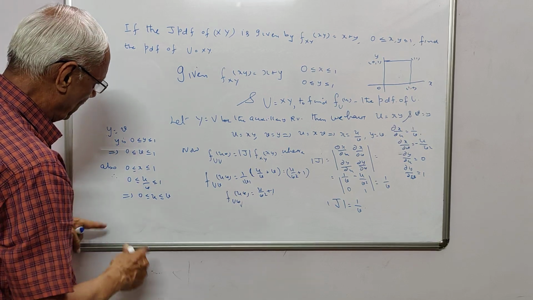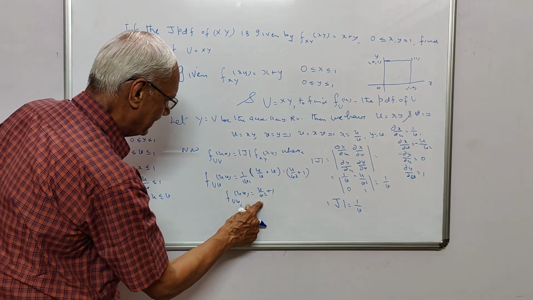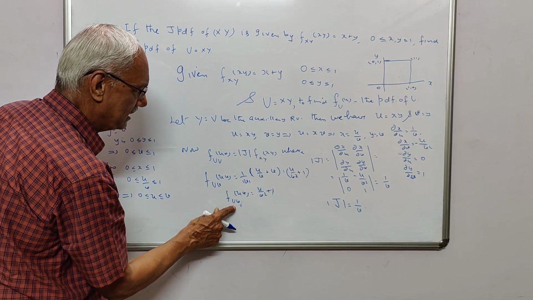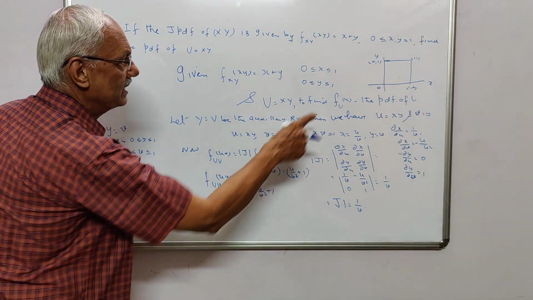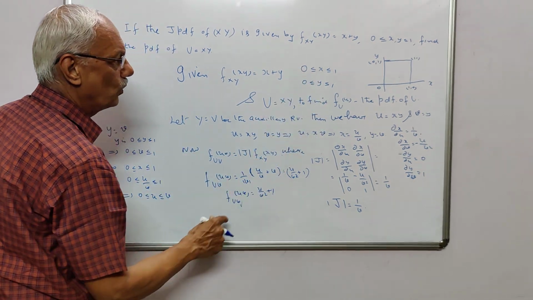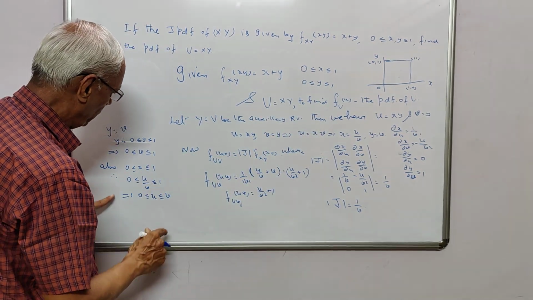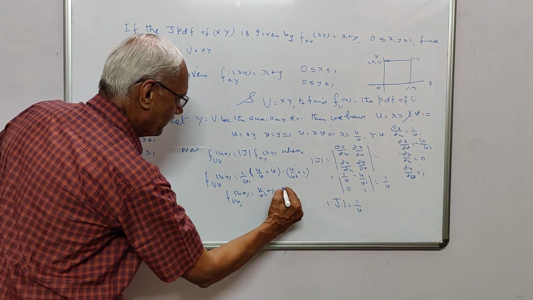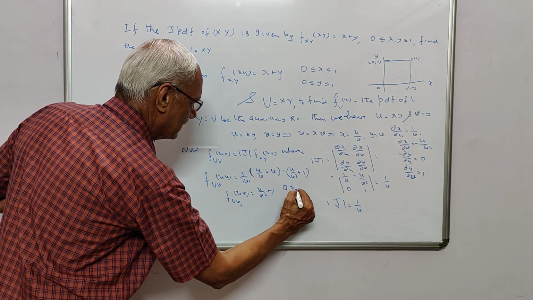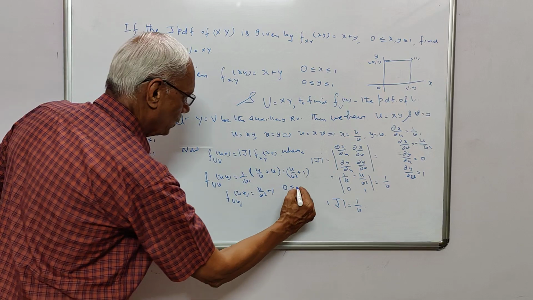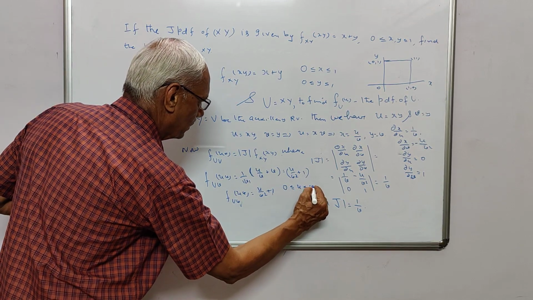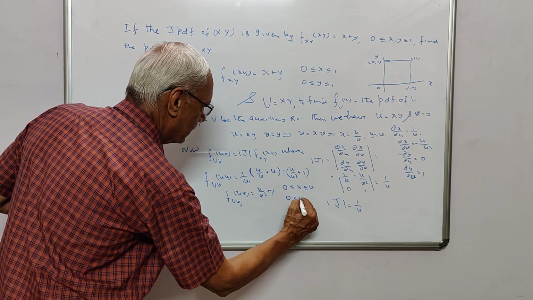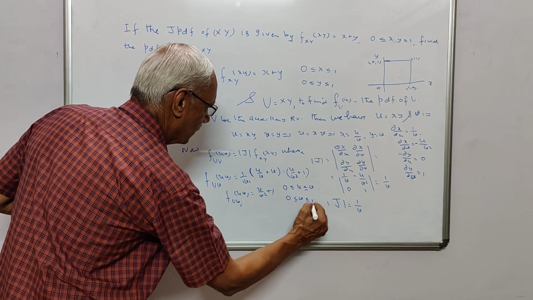So you see that this probability density function is defined just like this. This must be defined over a region, and this is defined over the region 0 less than or equal to u less than or equal to v, and 0 less than or equal to v less than or equal to 1.